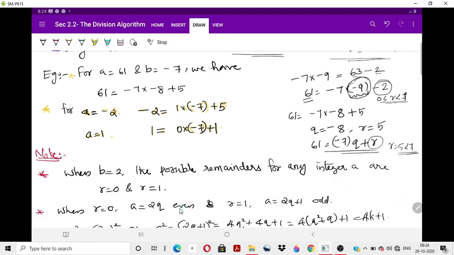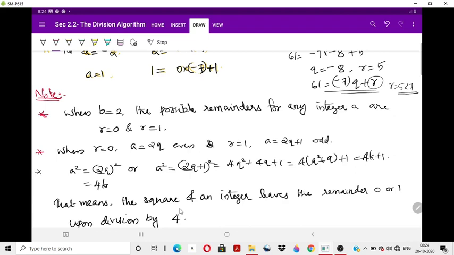Now we may consider another one, the square of an integer with b as 2 itself. When b equal to 2, we know that a is either 2q or 2q plus 1. Then what about a squared? When a equal to 2q, a squared is 4q squared, which we can write as 4 times some integer, 4k. Now when a equal to 2q plus 1, its square is (2q plus 1) whole squared, which on expanding gives 4q squared plus 4q plus 1.